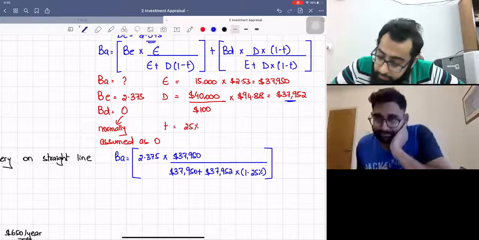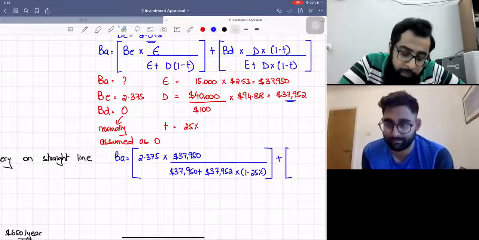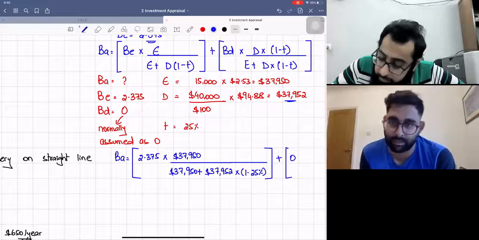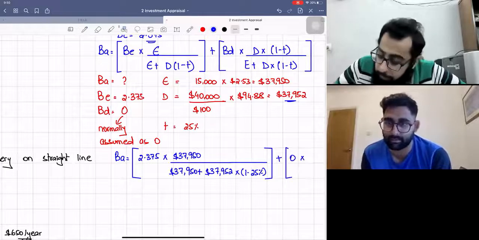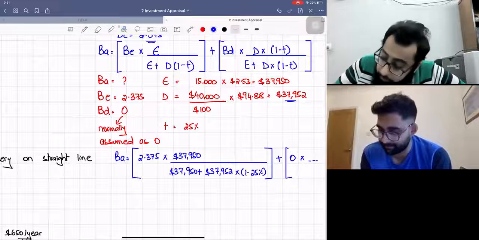Plus, now this bracket will be 0. Why will this bracket be 0? Because beta debt is 0. So anything multiplied by 0 will be 0.